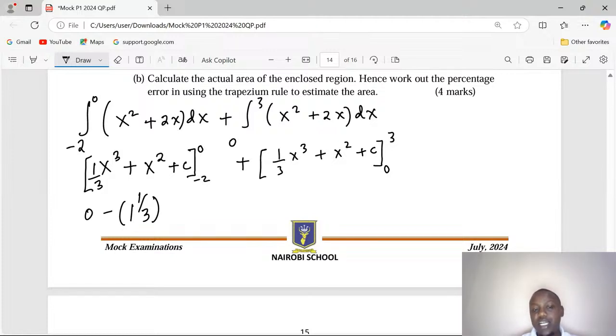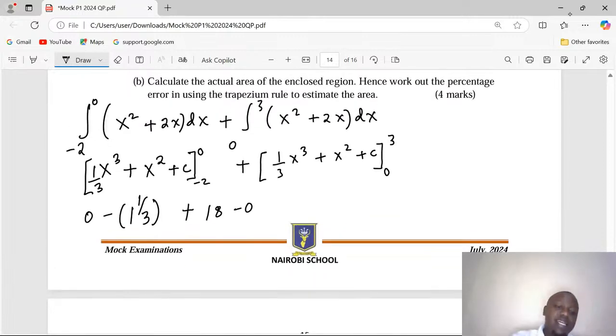So it shall be positive, 1 and a third. Then we will add. When you substitute 3, you are going to get 18, then minus 0. In simpler terms, the first area equals negative a third, and the second area equals 18.